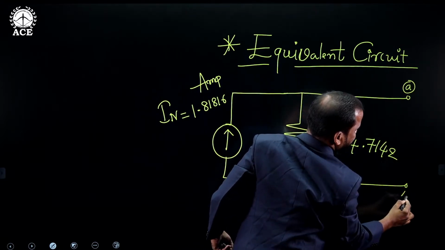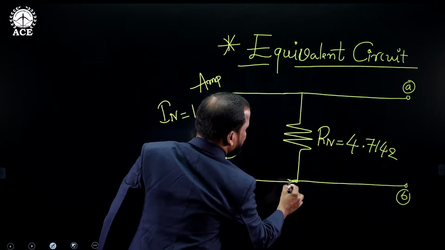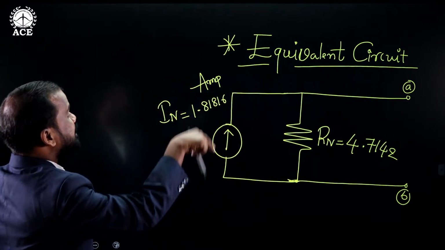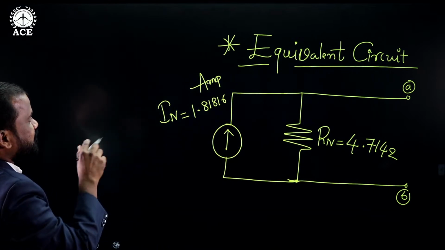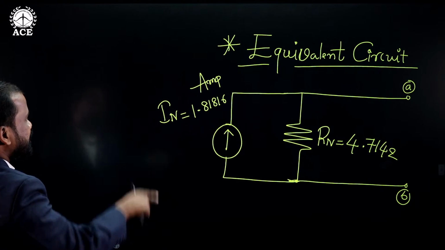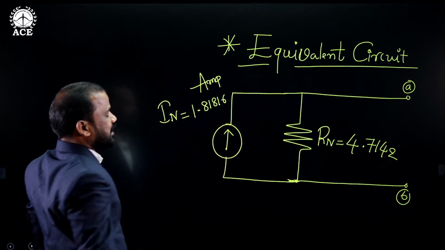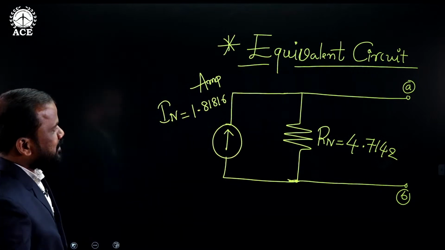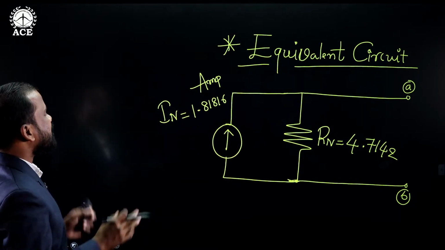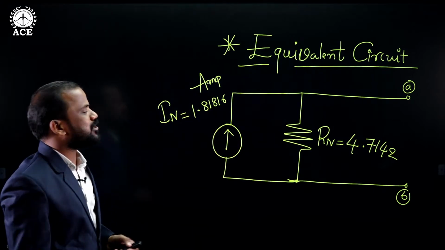This is terminal A and this is terminal B. Now you can see we replaced the two terminal linear network by the two terminal equivalent circuit of Norton's theorem, by calculating Norton's current by short circuiting the terminals where we disconnected the load, and Norton's resistance across the open terminals where we disconnected the load. Finally that two terminal linear network can be replaced by this two terminal equivalent circuit.